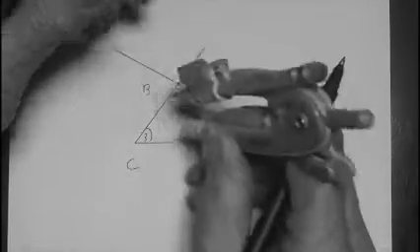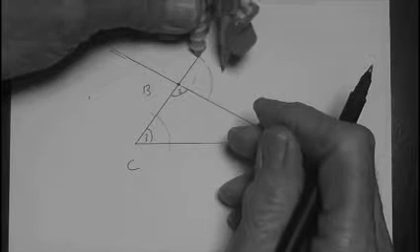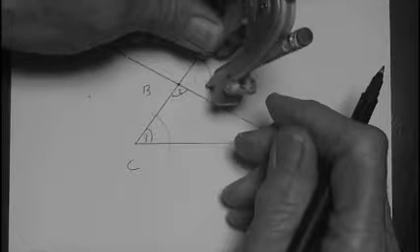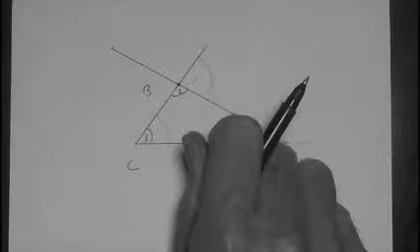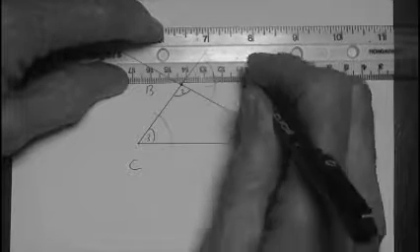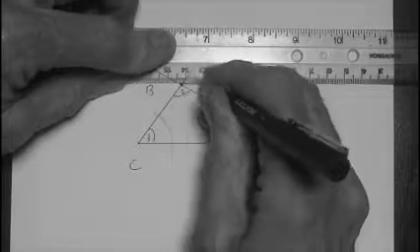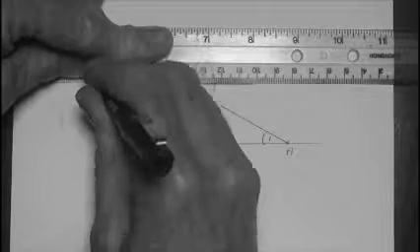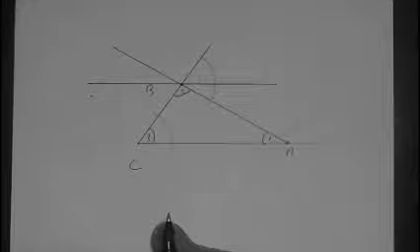Let's take that. We'll come up here and we'll make it the same, so our corresponding angles will be equal. If I draw a line through here, it should be parallel to the AC at the bottom down here. What do you think? Looks pretty good.